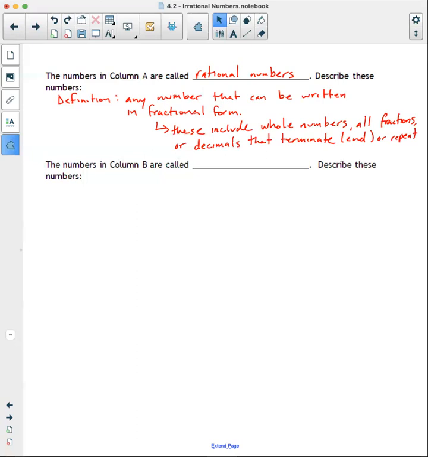Okay, so the next column is our irrational numbers. Okay, so these are decimal numbers that do not terminate. Might be a little bit easier to identify.